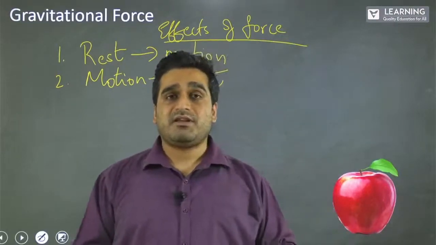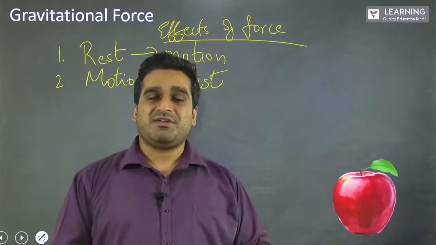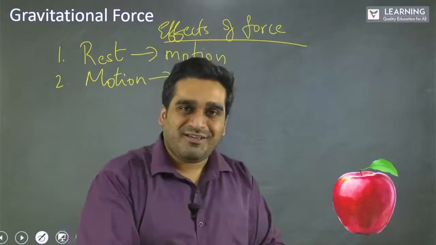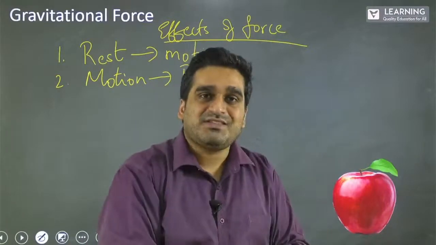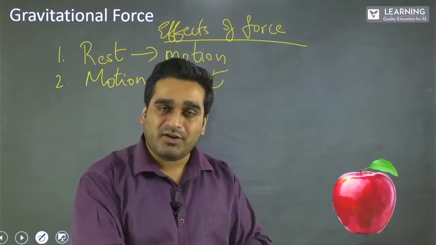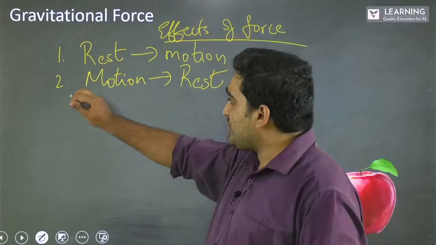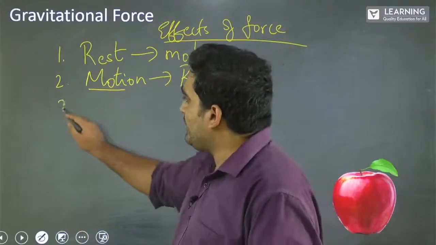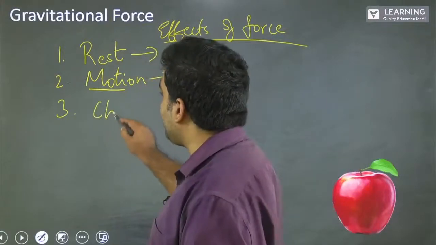An example: nowadays you watch cricket matches on television, and especially when your favorite team is fielding and they catch the ball, the ball is already in motion, and when they catch it, they are applying an opposing force in order to catch the ball. They're changing a state of motion to a state of rest. Okay. The third effect of force is that it can change the direction.